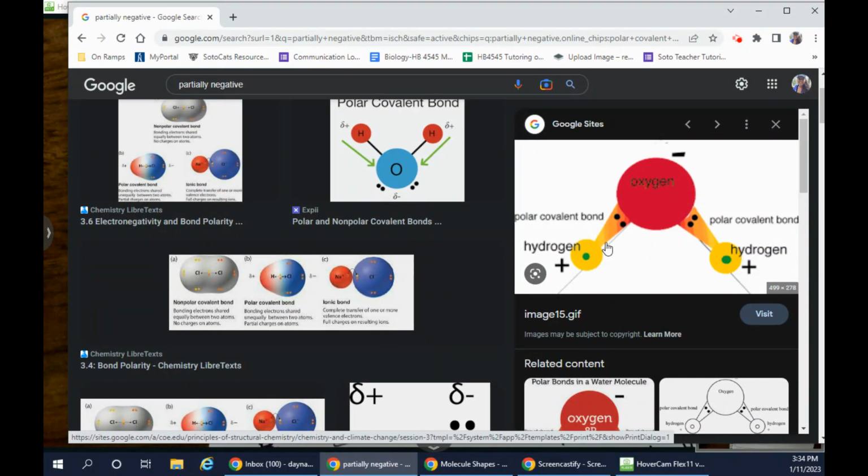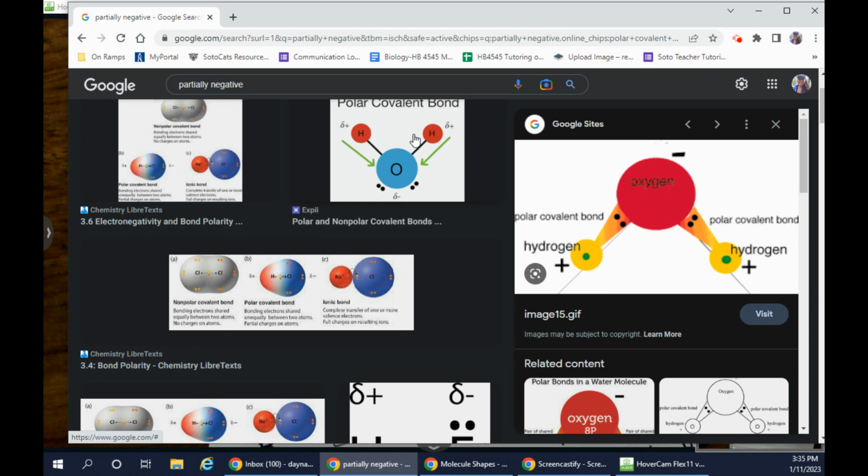With water, when we're drawing our Lewis structures, we've usually put a single dot, and we connect them, right? So it doesn't really talk about one leaning one way or the other. Here in this picture, you're seeing that those electrons are gathering a little bit closer to oxygen, meaning those electrons are leaning towards that. So therefore, you have a partially or more negative side and a more positive side.